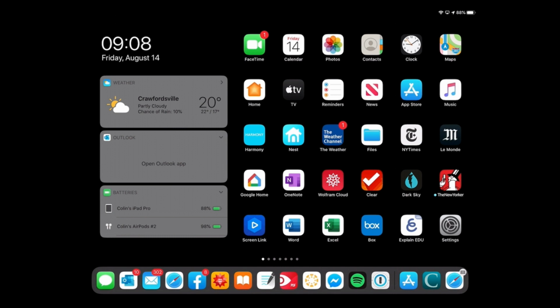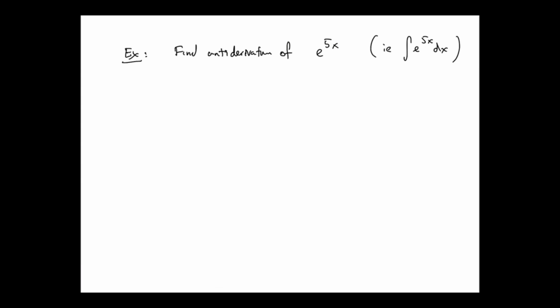Why did that happen? Oh, because I'm an idiot and I hit the button. Okay, sorry. All right, so let's say we wanted to find an antiderivative of e to the 5x, or another way to say that is the integral of e to the 5x, or indefinite integral of e to the 5x.